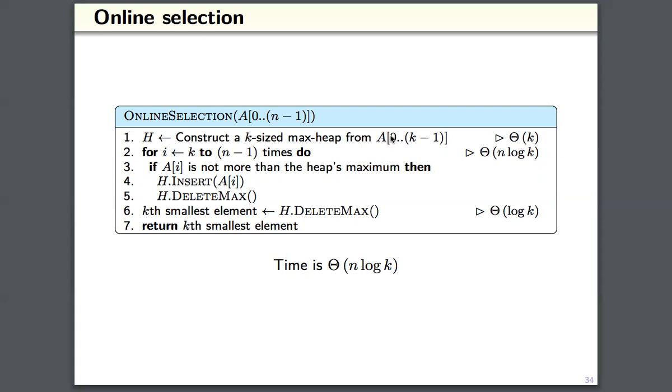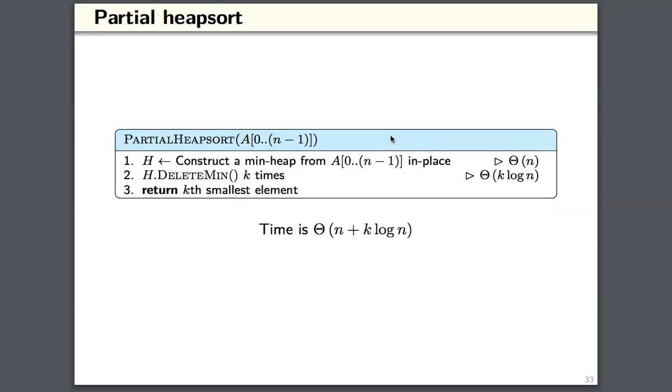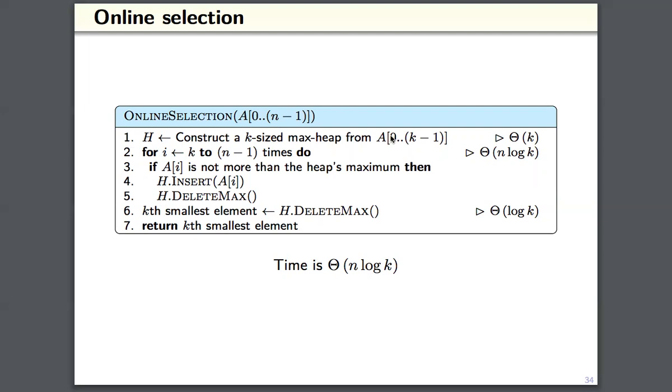Here we are considering a max heap. Why do we need a max heap when we are interested in the smallest elements? The difference is that the size of that min heap was n. What is the size of this max heap? It is k. So it's a different data structure.